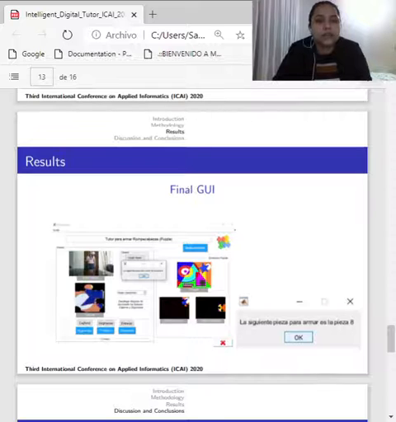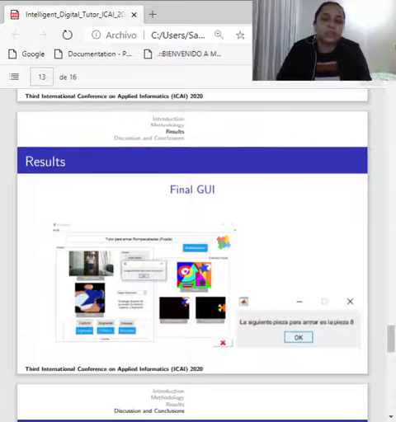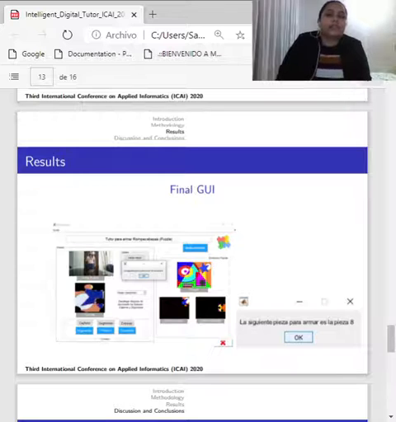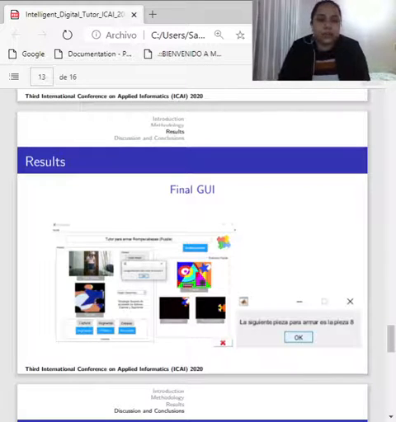So finally, the results obtained in terms of graphic interface are with the proposed system. Five moments are identified. The first moment takes 25 seconds and consists of capturing the image of the scene. The second moment takes less than 20 seconds and consists of segmenting the captured image.